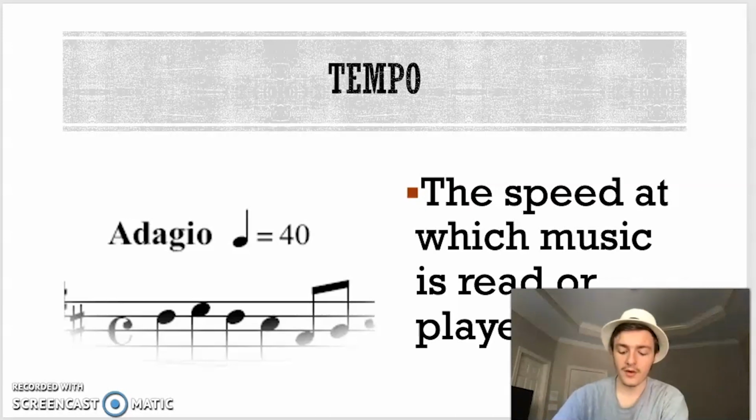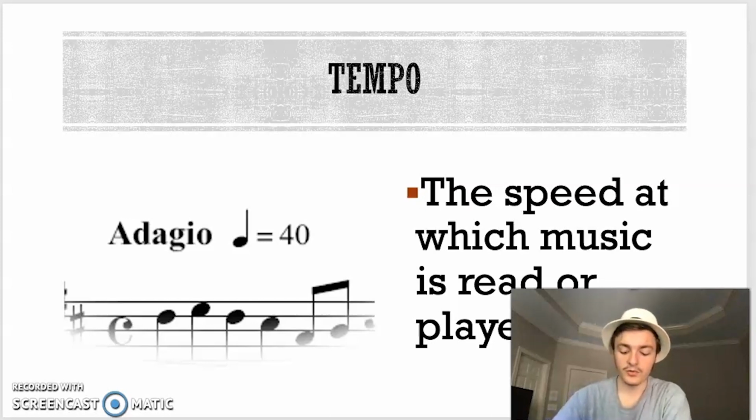So let's say if it was at 150, you're going to hear a little bit of a faster tempo. And then if you're talking about a slower tempo, like here, it says Adagio, it'll be much slower. So, depending on the tempo marking, you'll be playing at a faster or slower tempo, which will determine the speed of the music.